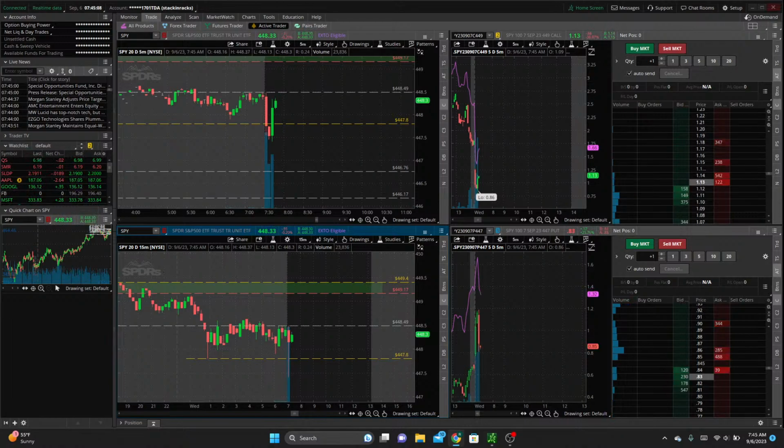So we're continuing to push up. We'll see if we get a retest of that 448.5 level.